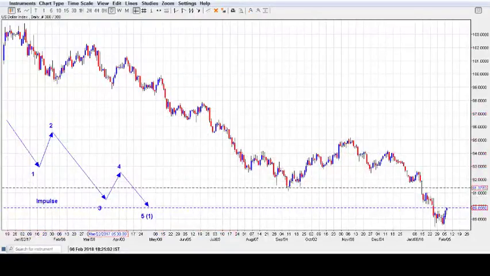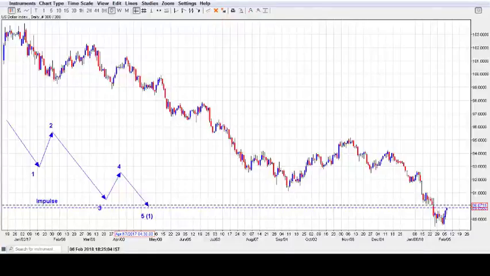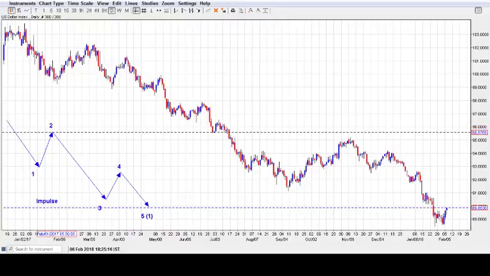Now this impulse could be the beginning of a bear trend, as we are talking about a dropping market, or this impulse could be a part of a flat or an expanded flat. Please remember the wave structure or the sub waves of a flat, the standard flat or an expanded flat, which we discussed in the last session.